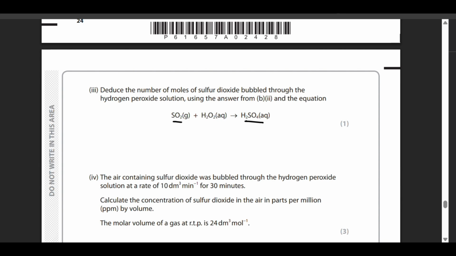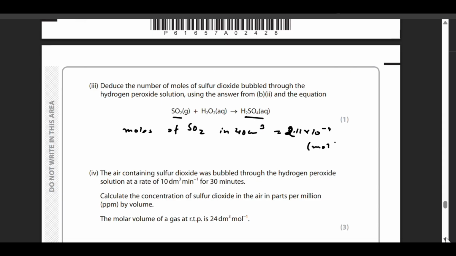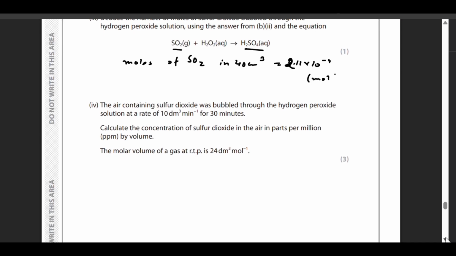So you have the moles of sulfuric acid which will be equal to the moles of sulfur dioxide. So the moles of sulfur dioxide in 40 centimeter cube will be equal to 2.11 times 10 to the power minus 4, the same moles as that of sulfuric acid.